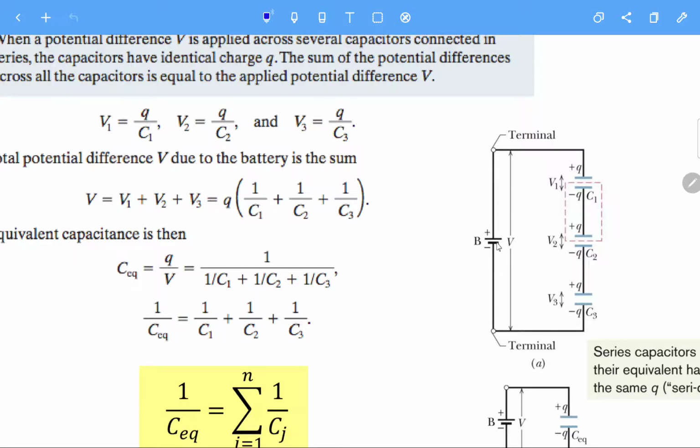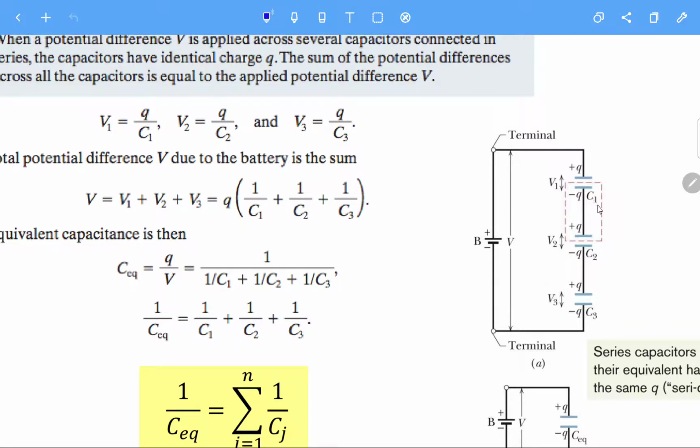So here, we have a battery, still with a voltage V, and then we connect the capacitors back to back. So it forms only one loop here.